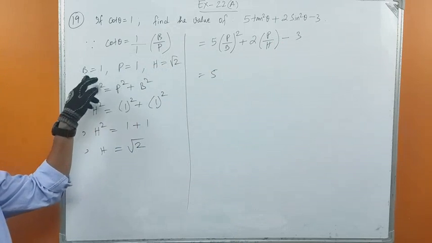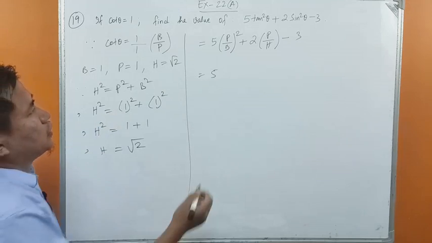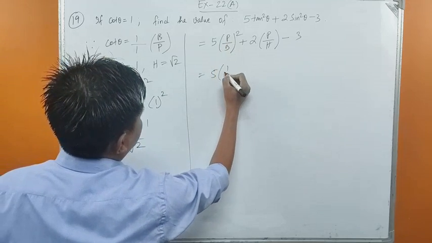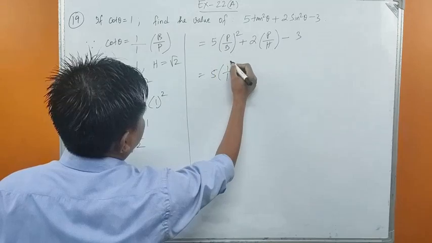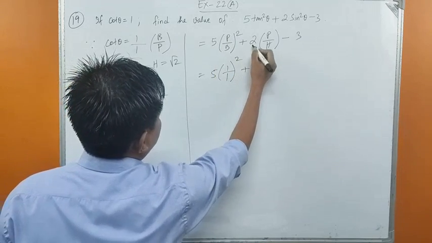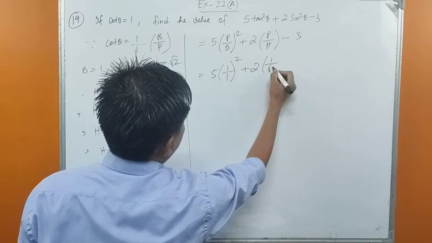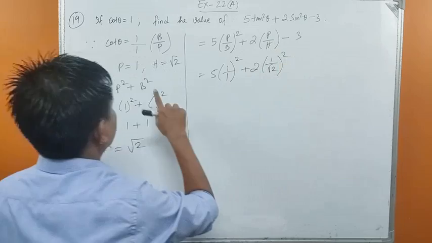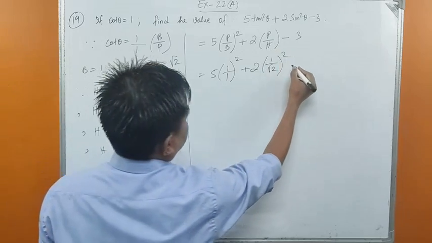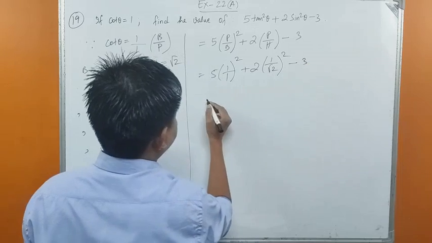P is 1, b is 1, h is root 2, isn't it? So p 1 upon b 1 whole squared plus 2, p is 1, hypotenuse is root 2, whole squared, minus 3.